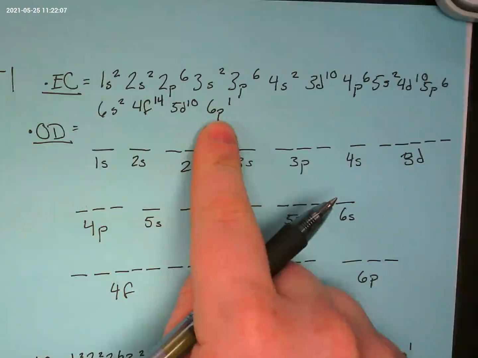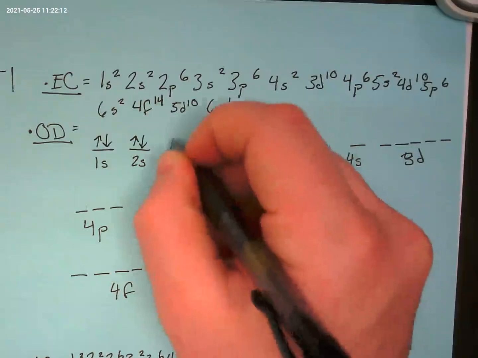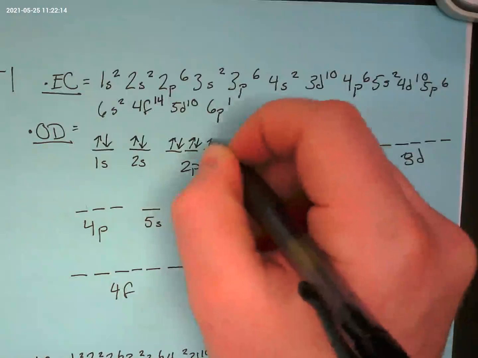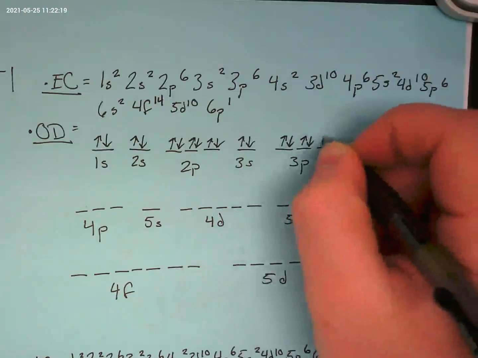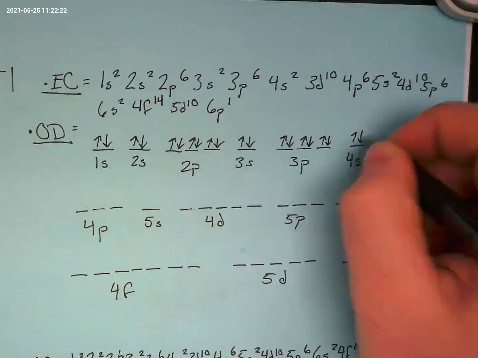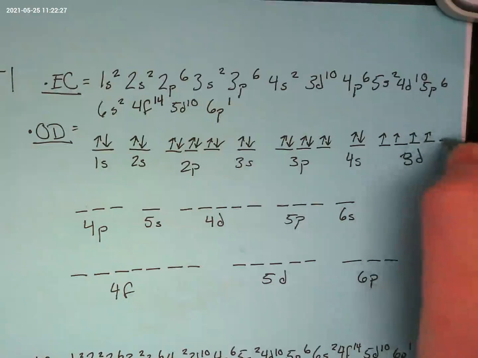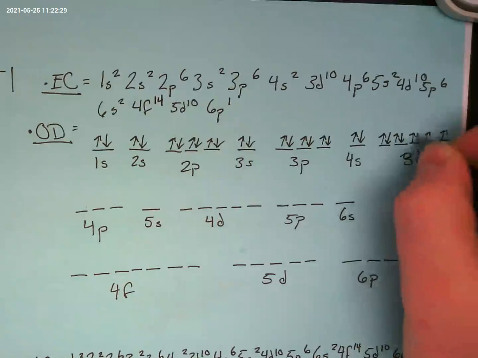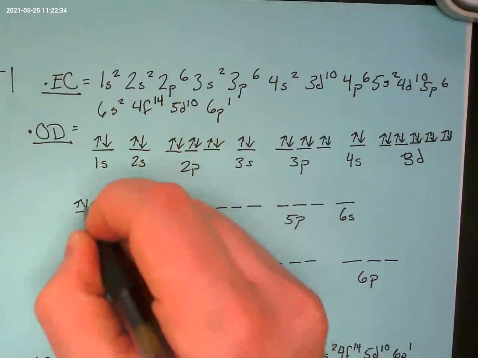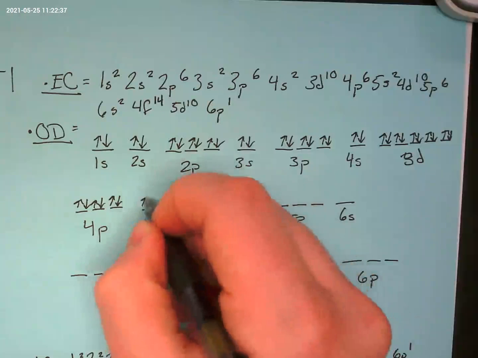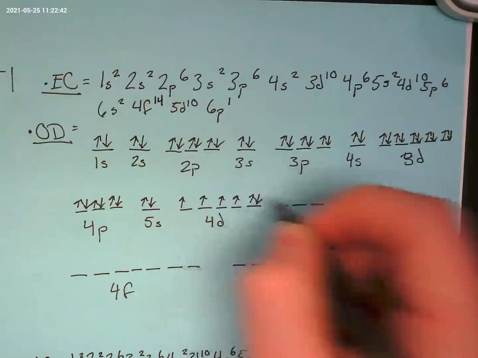Now I've got all these lines. I know all of them are filled except for the last one, so we can just go through and fill them in all the way down. Now, I am showing you a bad way to do this, because how we really should be doing it is, when we get to these, doing 3d like this: fill in all the ups and then fill in the downs, all the ups and then all the downs from left to right.